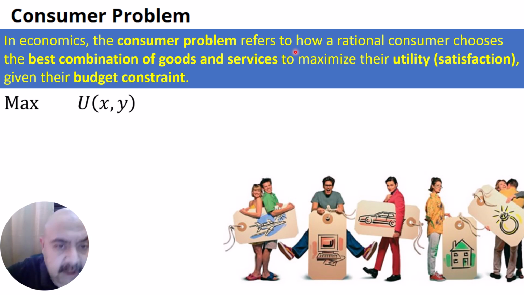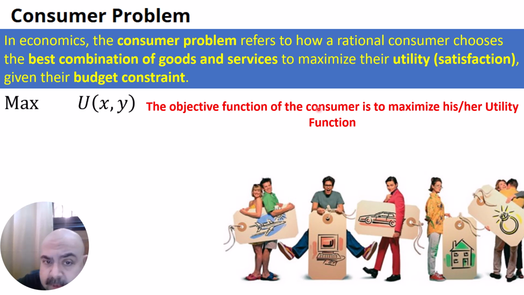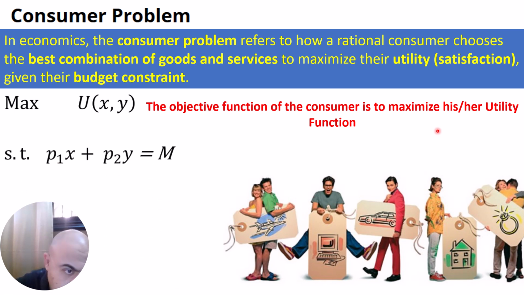So let's say that the objective function is u of x and y, the utility function that the consumer wishes to maximize, and it is subject to one equality constraint, as we explained previously.